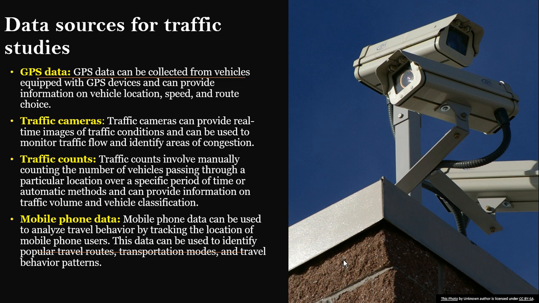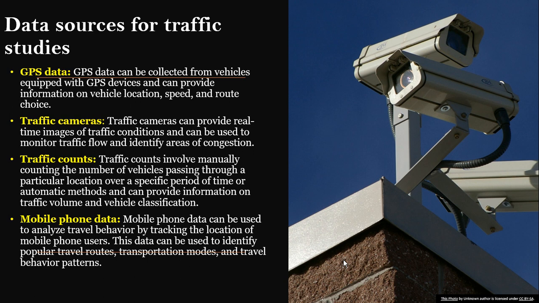Through these cameras, we can get the traffic volume or images of the heavy traffic. Traffic counts. Traffic counts involve manually counting the number of vehicles passing through a particular location over a specific period of time, or it can be done automatically, and can provide information on traffic volume.